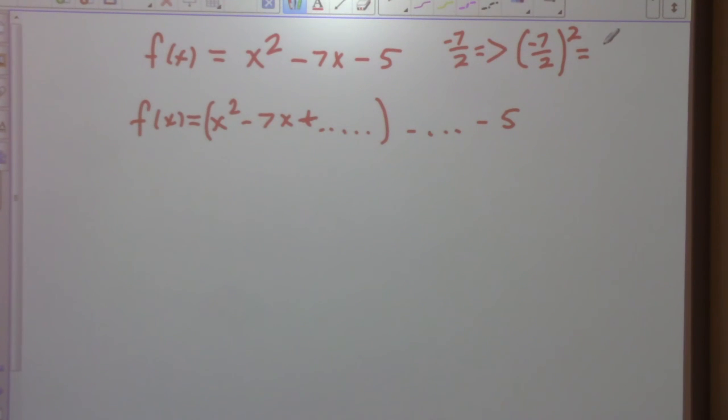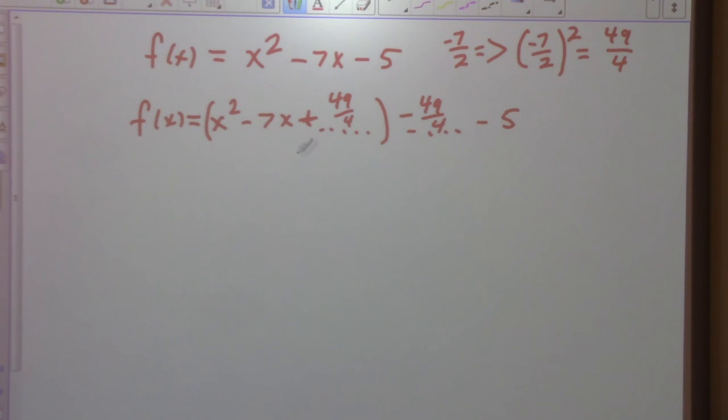We get 49 over 4, 49 fourths, okay? So this is what's going to go over here. 49 fourths. I see now. And we have to do what over here? We have to subtract 49 fourths.